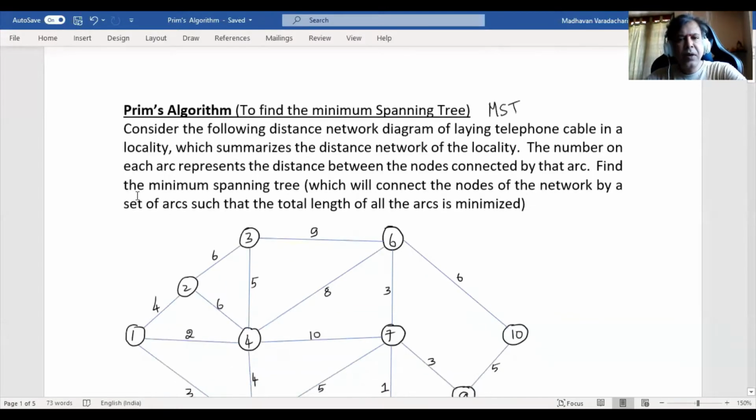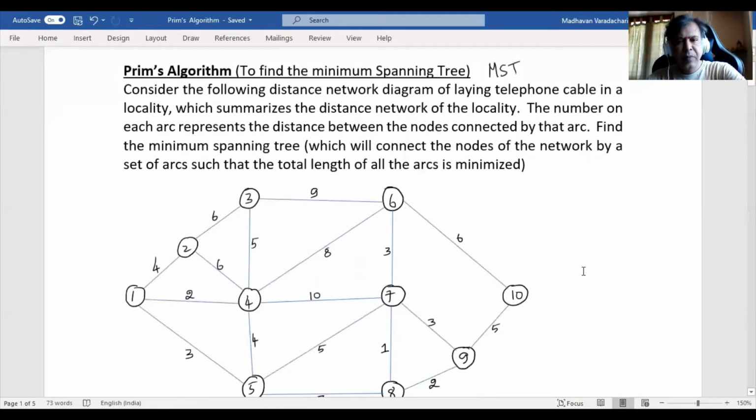The number on each arc represents the distance between the nodes connected by that arc. Find the minimum spanning tree, which will connect the nodes of the network by a set of arcs such that the total length of all the arcs is minimized. So we are going to find out, using Prim's algorithm, what the minimum spanning tree is.